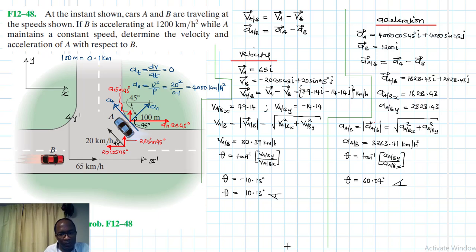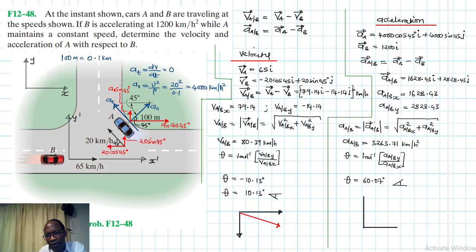One is negative in the y, the other one is positive, and then we have the resultant.